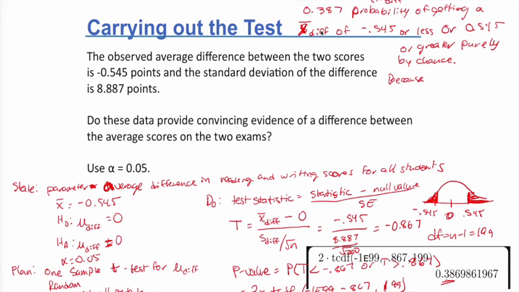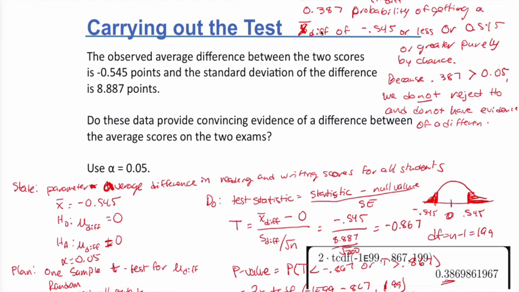Because 0.387 is greater than our alpha of 0.05, we do not reject the null and do not have evidence that the average difference in reading and writing scores is not 0.